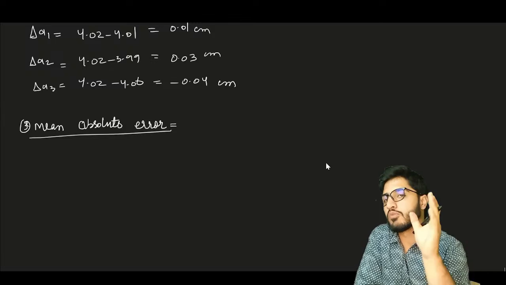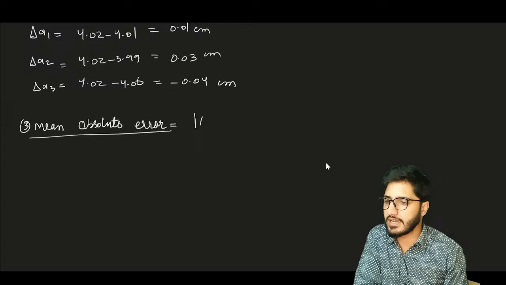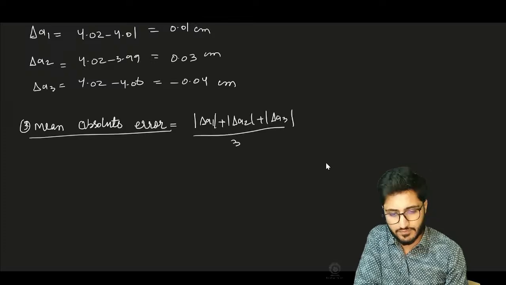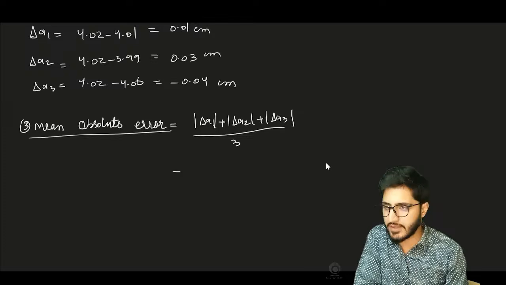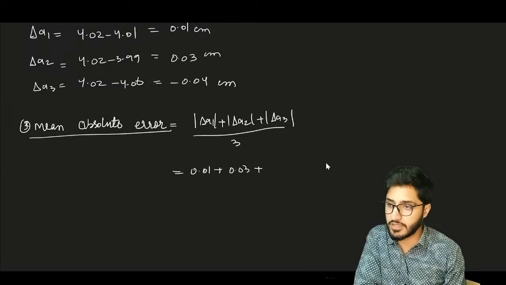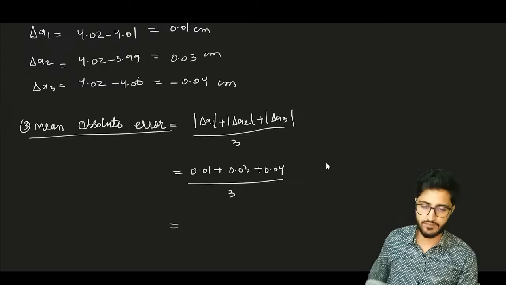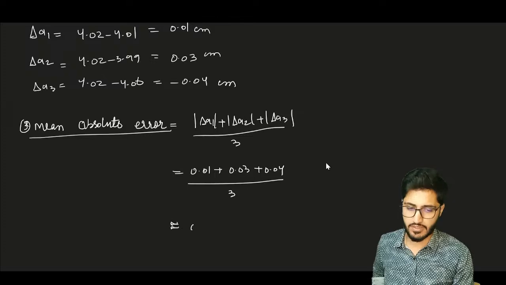I can write it as mod delta A1 plus mod delta A2 plus mod delta A3 whole divided by the number of things, that is 3. So I can write it as 0.01 plus 0.03 plus 0.04 whole divided by 3. It is 0.08 then, so it would be approximately 0.03.